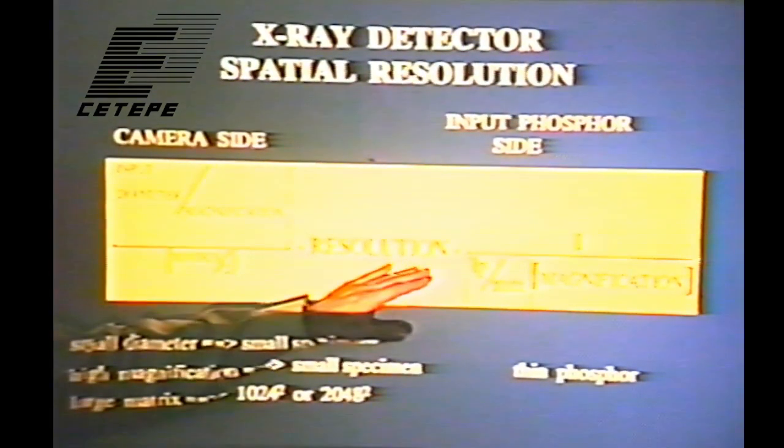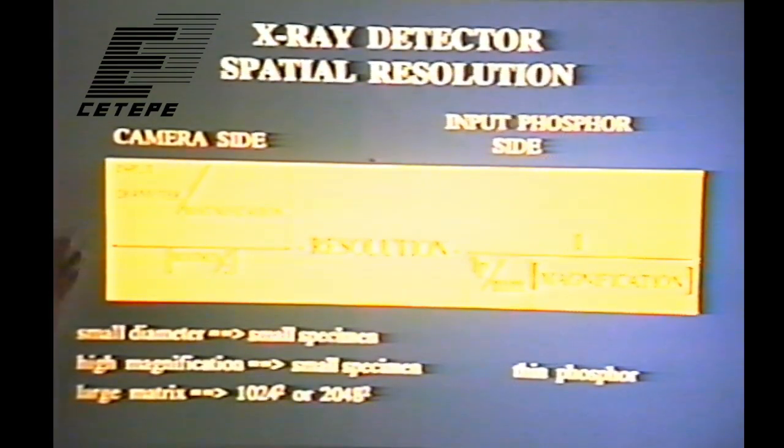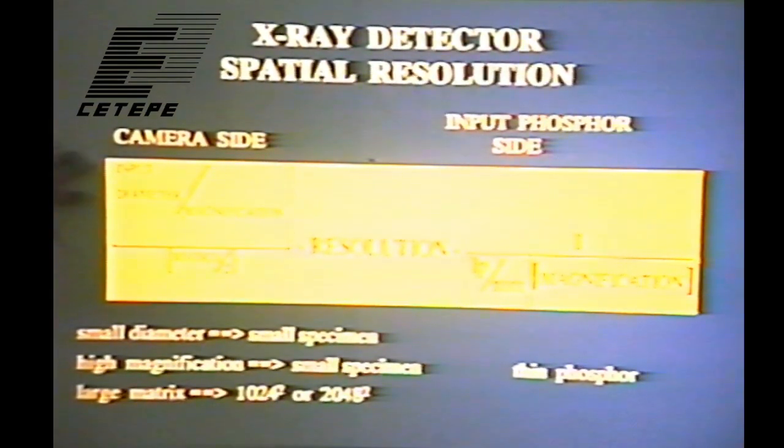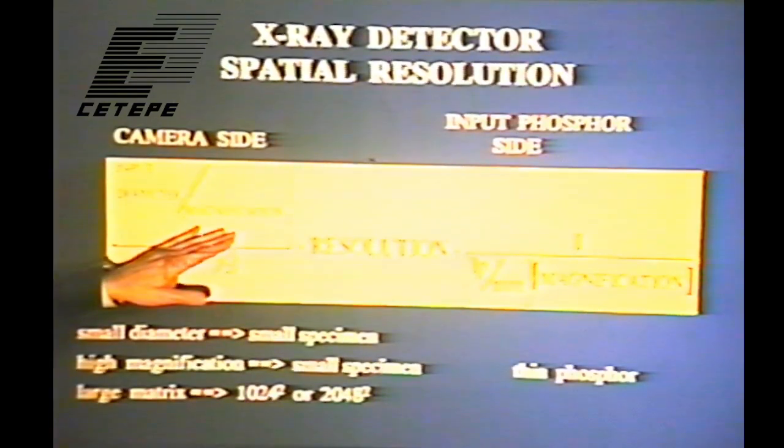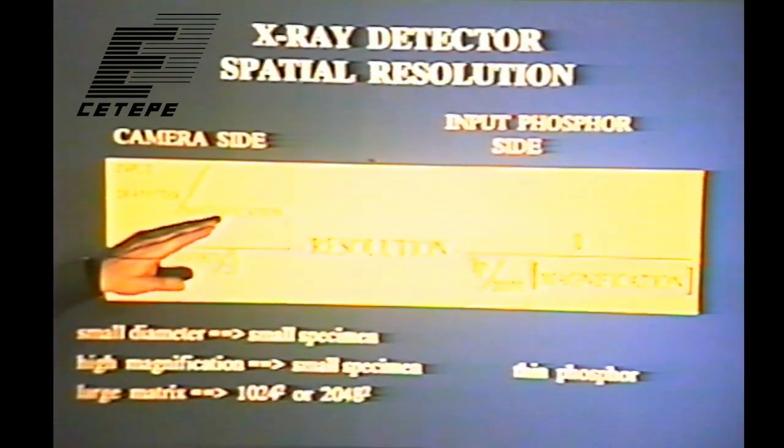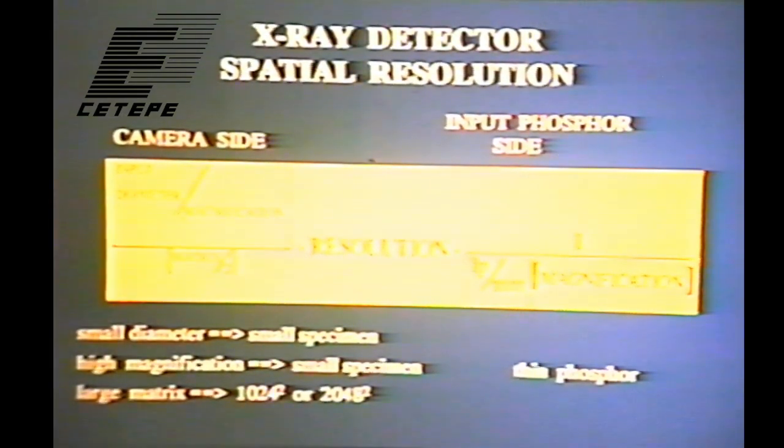Your resolution will get smaller the bigger this is, so that's good. You want a large input diameter on your detector, but we saw the price for that was efficiency in some cases. And you want a low magnification here, to make this numerator large.